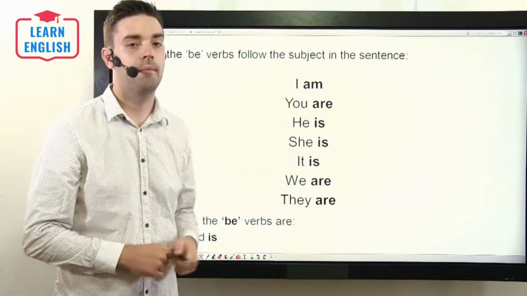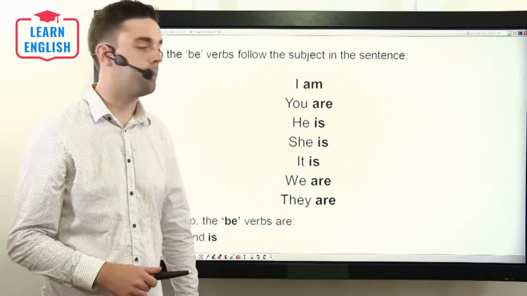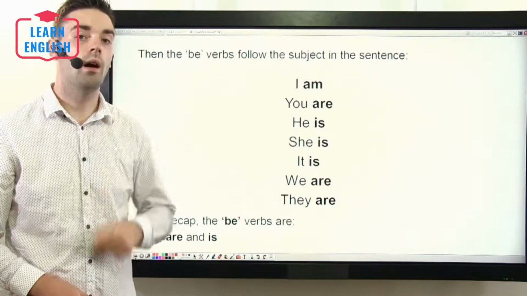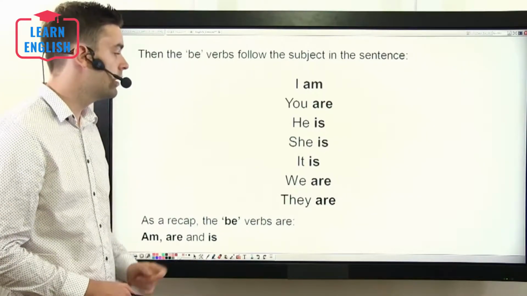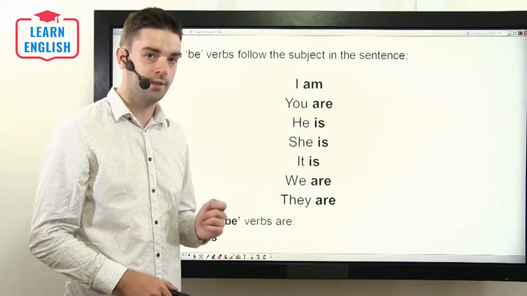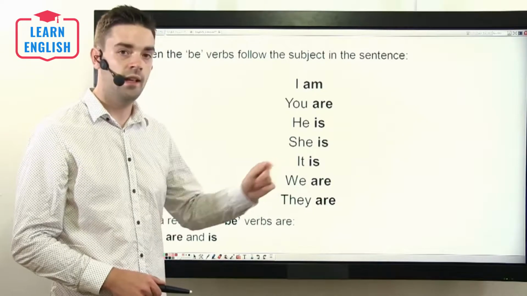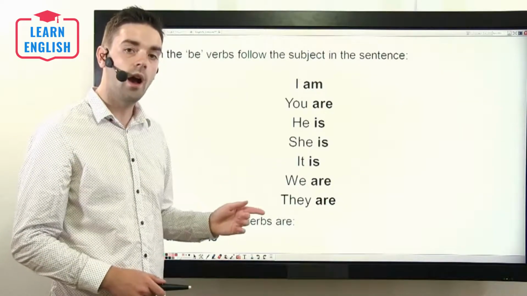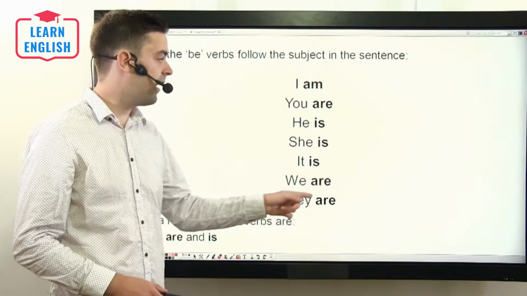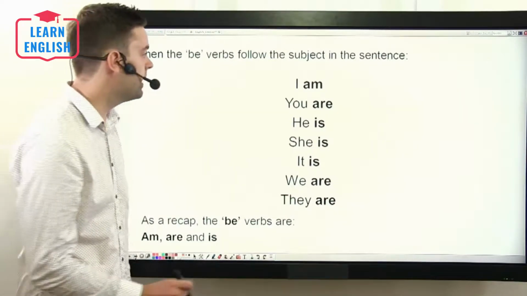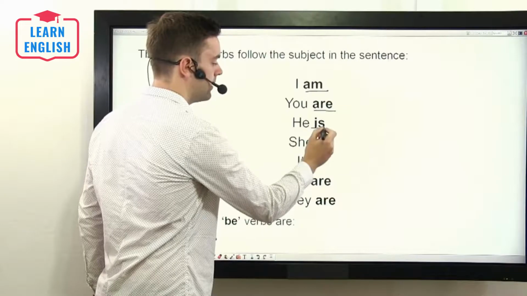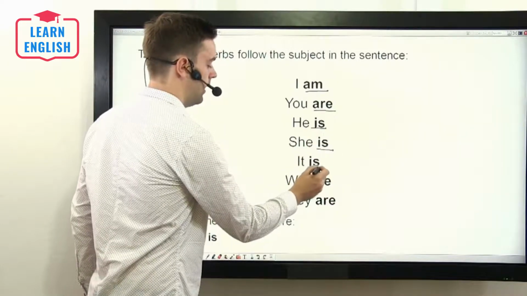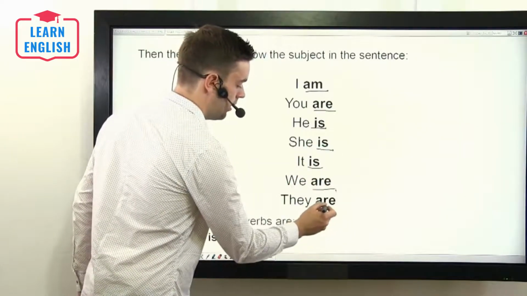I am. You are. He is. She is. It is. We are. They are. So the be verbs: am, are, is.